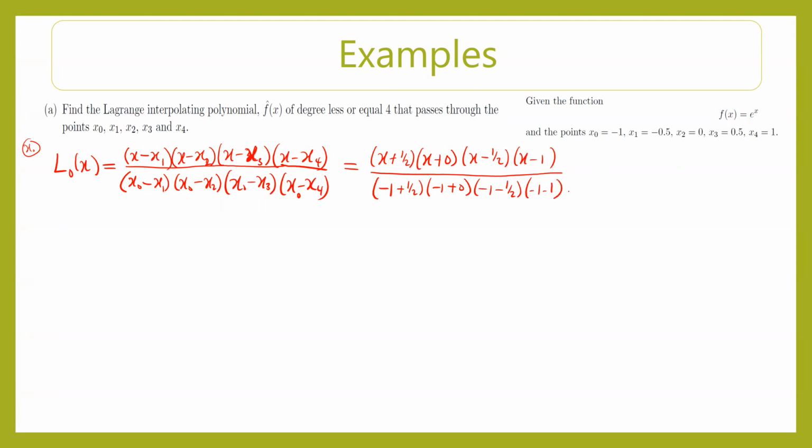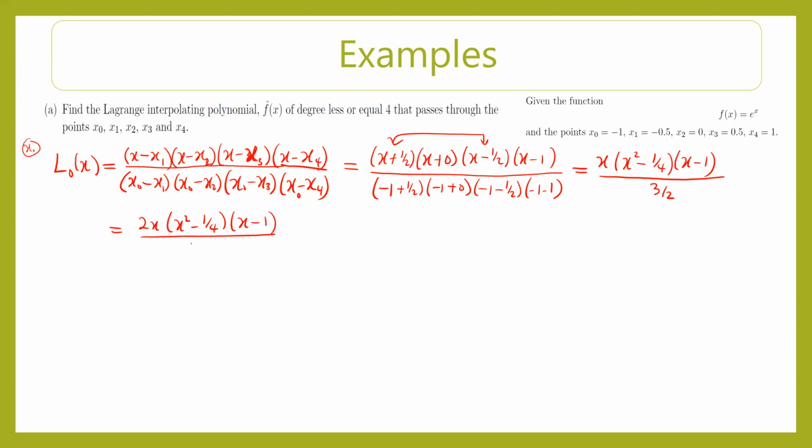Excuse me. If you use your calculator and do the arithmetic, you get x into x squared minus 1 over 4, since these two guys are a difference of two squares. And then I have x minus 1. Everything on the denominator will be 3 over 2. So finally, what you will get is 2x, x squared minus 1 over 4, x minus 1, everything over 3.